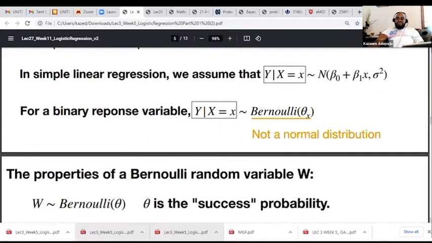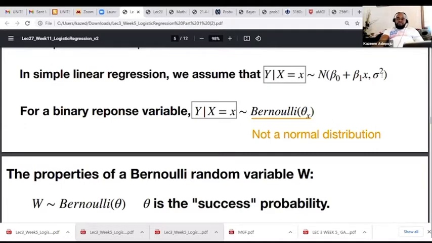That made us conclude that one cannot use a linear regression model for a situation where the response variable is categorical. And you know what? In the simple linear regression that we've been doing, we assume that y given x follows a normal distribution with a mean of this and a variance of that.